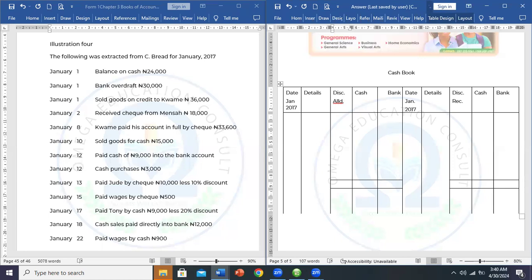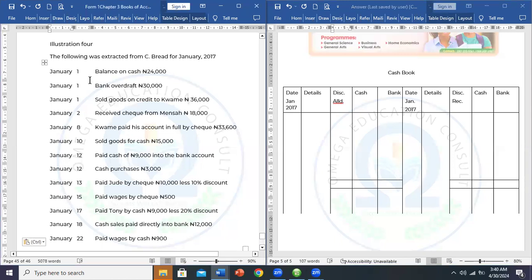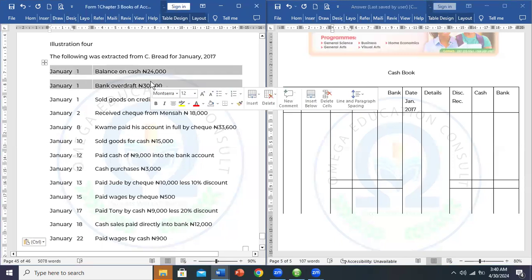Okay. Now I want to comment on this bank overdraft. When you check the first two transactions, it says balance on cash and then bank overdraft. The first one, balance on cash, means that at the beginning of the month, we had some amount of money in cash.